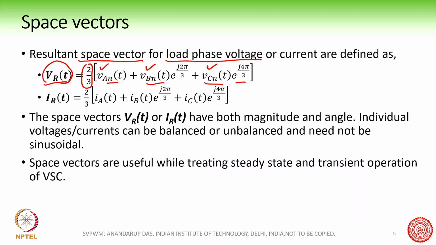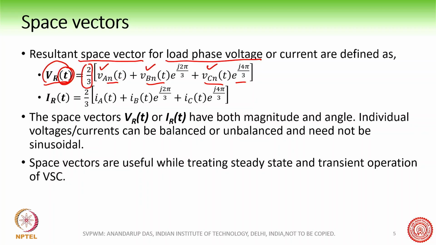Secondly, this resultant is a function of time, which means that space vectors are defined both at steady state as well as during transient operations. So it can change at every instant of time. This is unlike phasors. Phasors are only applicable at steady state, but space vectors can be equally applied both at steady state as well as during transient operation of, say, a VSC.